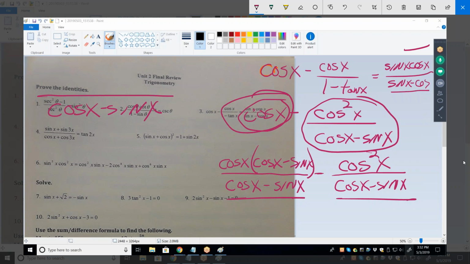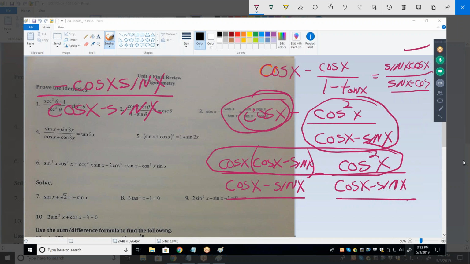On the upper left, I'm going to end up with cosine squared minus cosine sine minus cosine squared. So the cosine squared disappears, and I end up with minus cosine x sine x. So that's what I get when I combine those numerators.